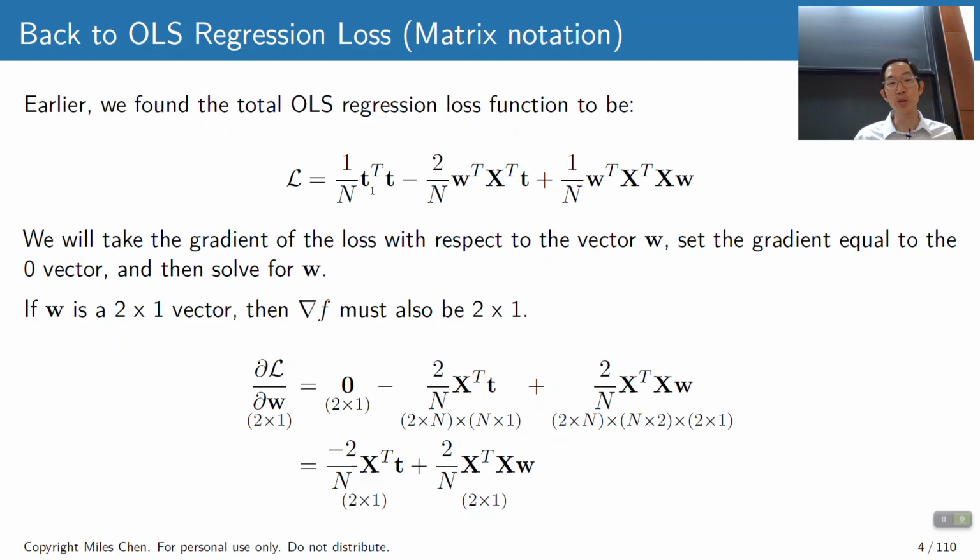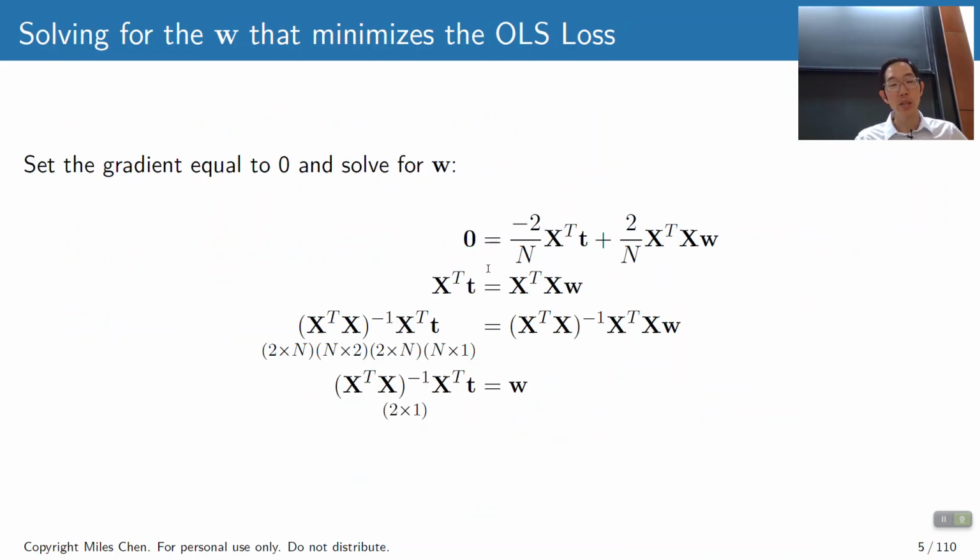We take the difference between the target values and our predictions, which are found by doing W times X, and take those differences squared. We expanded this out and solved for the W that will optimize this thing. We calculated the gradient of this loss function with respect to W, and when we did that, we got this. Then we set it equal to 0 and solve.